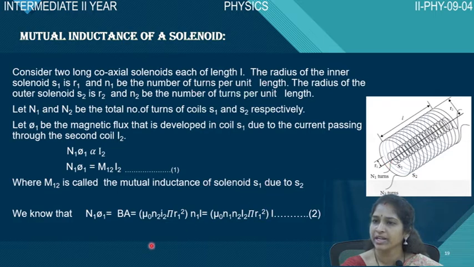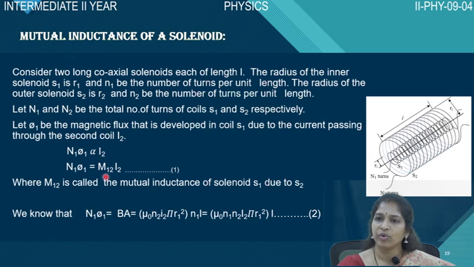Area of the solenoid is pi R1 square into N1, where N1 is the total number of turns in the first solenoid, which equals the number of turns per unit length into L. So we get mu naught n2 I2 pi R1 square n1 L. On simplifying this equation, we get mu naught N1 N2 I2 pi R1 square by L. Consider this as equation number 2.